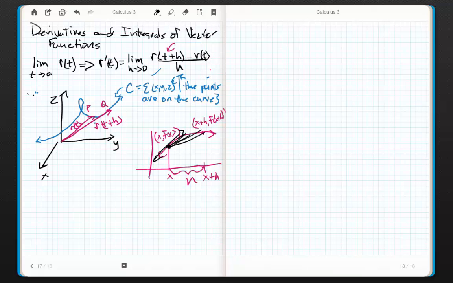All right, so what we want is to do exactly the same thing by shrinking h to 0. We're going to draw this back here, and what we'll end up with is a change between r of t plus h and r of t. And what that's going to do, very much like here, is spit out a derivative, a quote-unquote tangent vector.